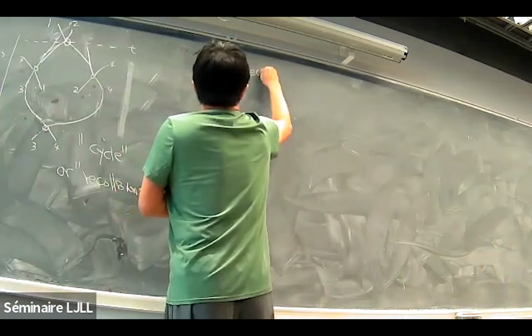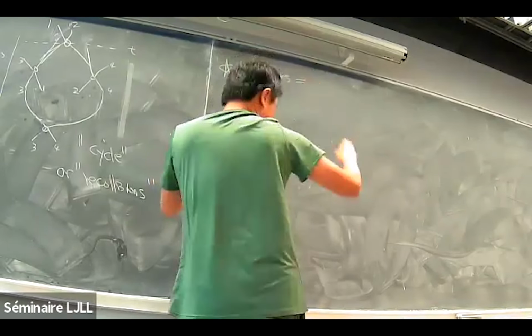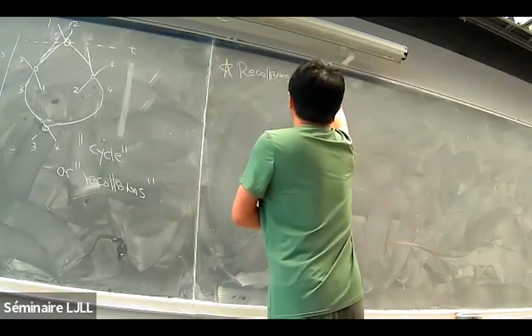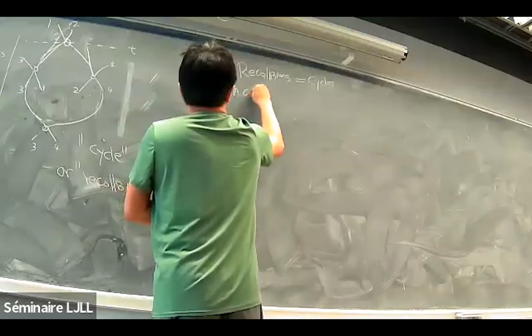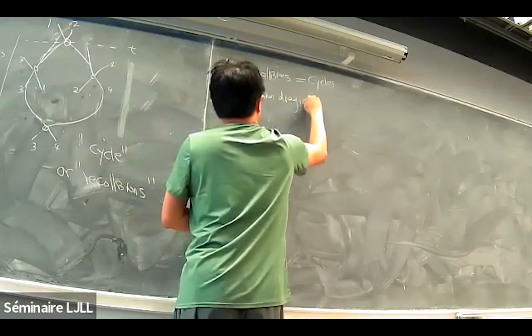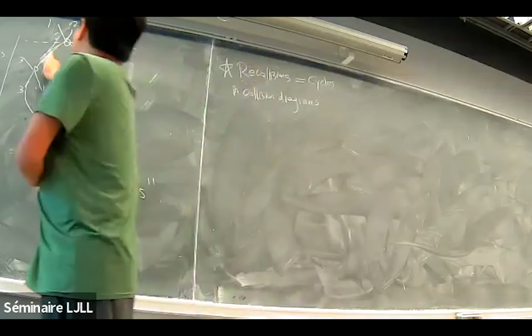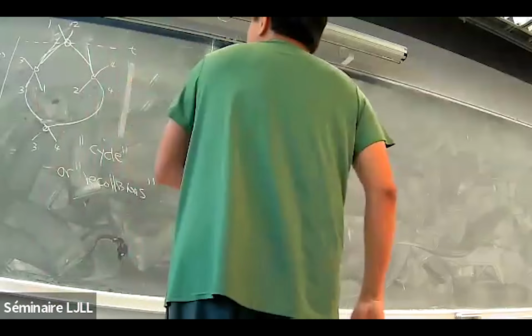Recollisions essentially correspond to the cycles in the collision diagram. Such a diagram, we'll give it a name, we'll call it molecules, but that's something we'll introduce later on.